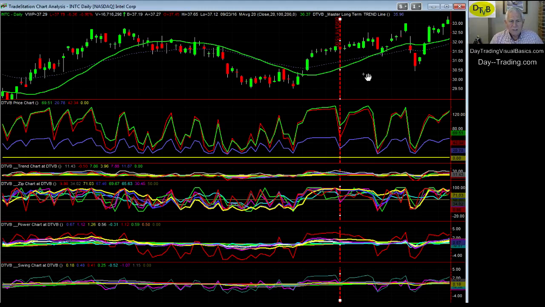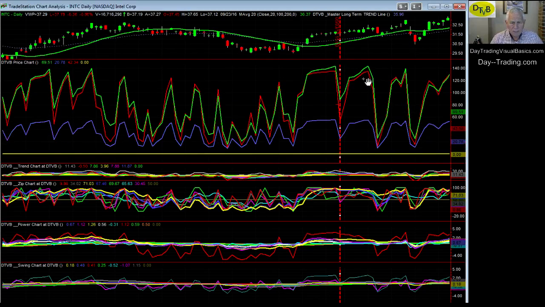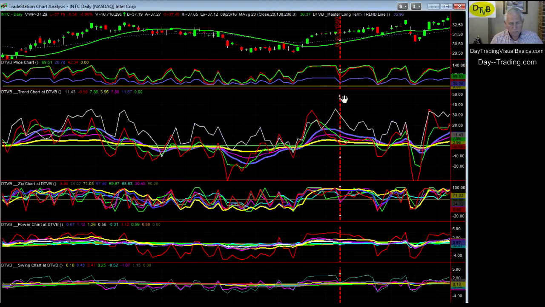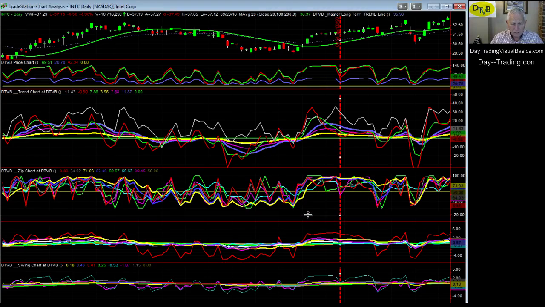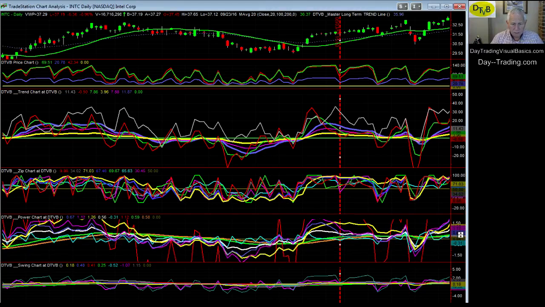Now, I'm going to shrink this candle chart down, and shrink the price chart down as well. We're going to be looking a little bit more at the other charts below this.